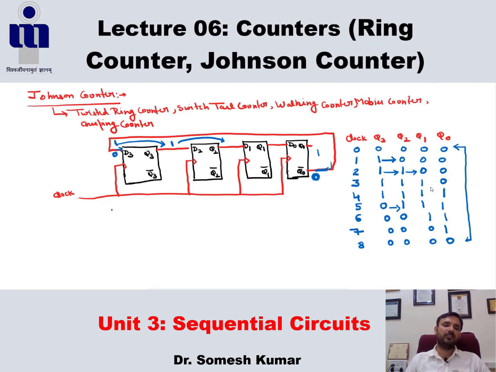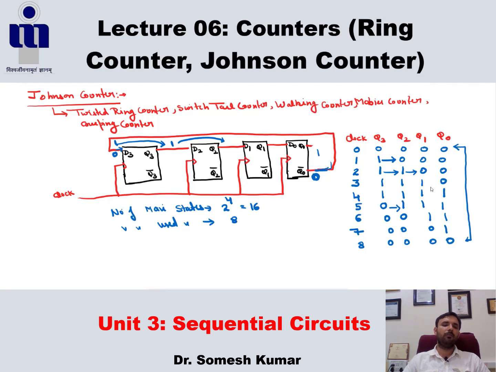So how many states? The maximum possible states: here there are 4 flip-flops, so 2 to the power 4, which is 16 possible states. But here the number of used states is only 8.